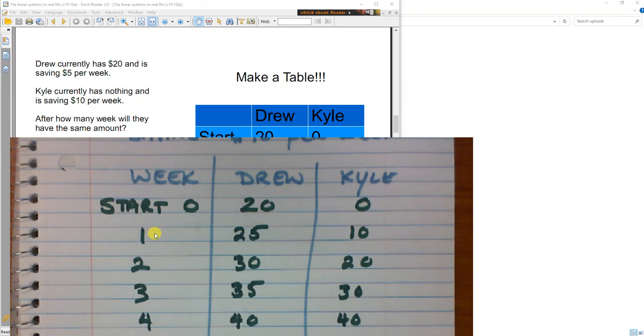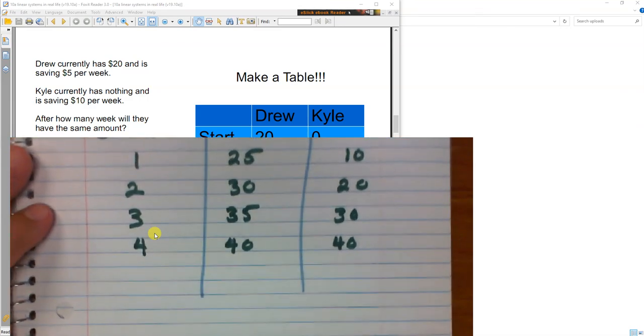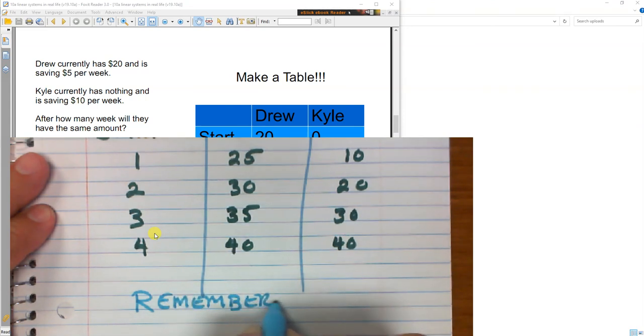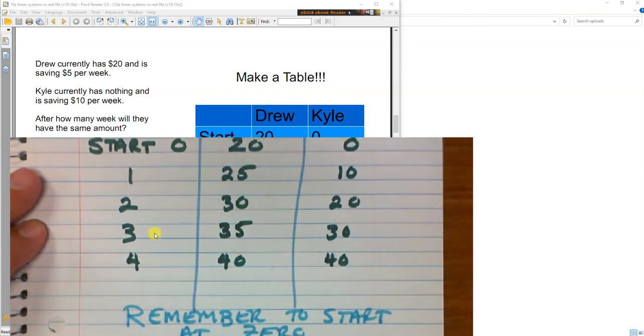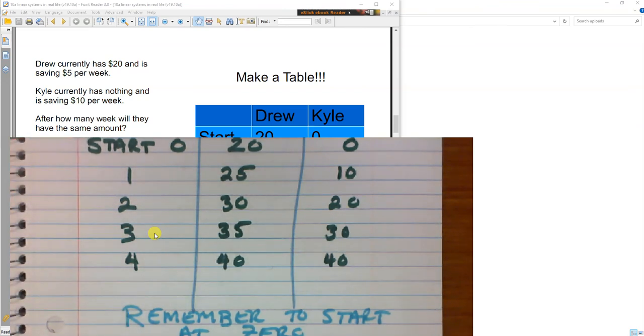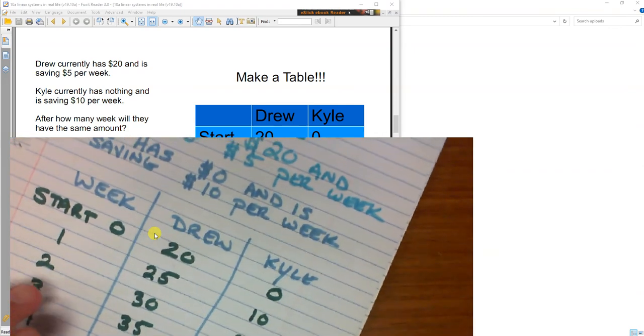The big idea is to remember to start at 0. The biggest error I see is people starting at 1 and going 2, 3, 4. No, start at 0 because there's an initial starting point value there, the initial amount of money that they have.